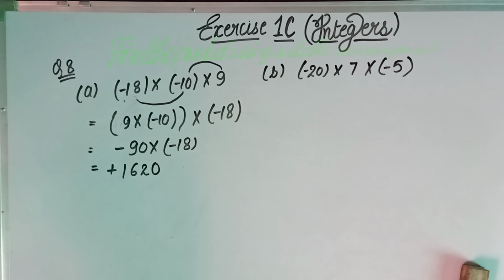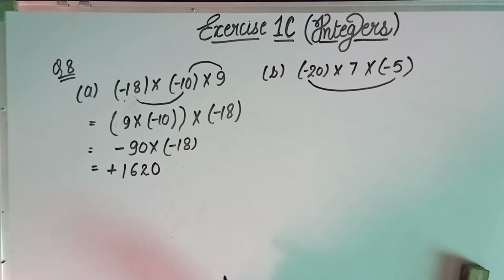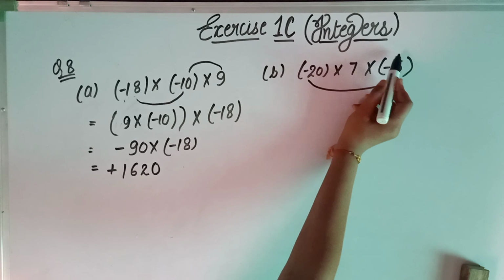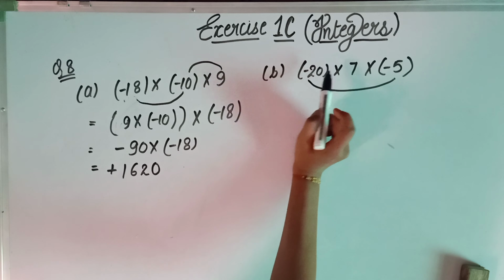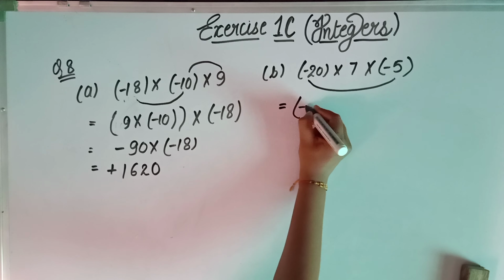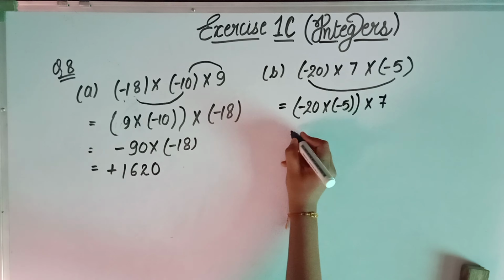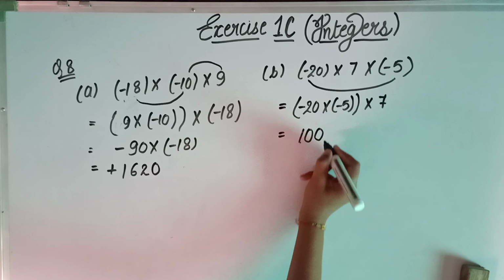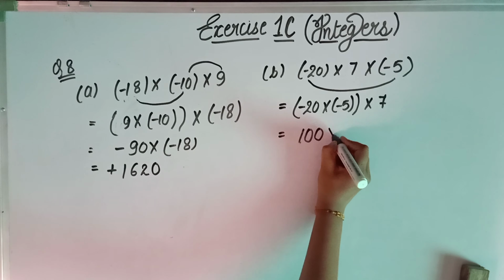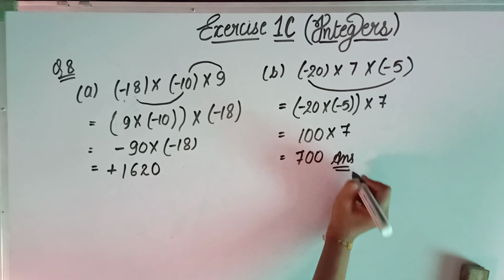We prefer the group which will give 0 in the ones place. We know 5 twos are 10, which will give you 100. 7 fives are 35, so we won't make that group. 7 twos are 14, 140, only one 0 came. So we prefer the maximum zeros. Our group will be minus 20 into minus 5 in one group, into 7. Now 5 twos are 10, 100, and minus minus makes it plus. So 100 into 7 will give you 700. So 700 is our answer.